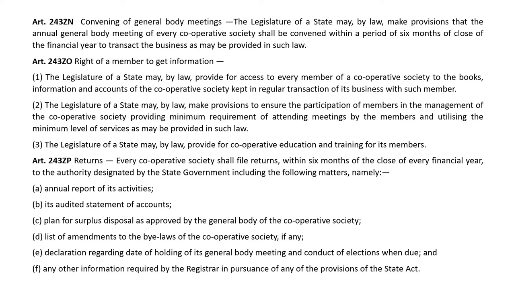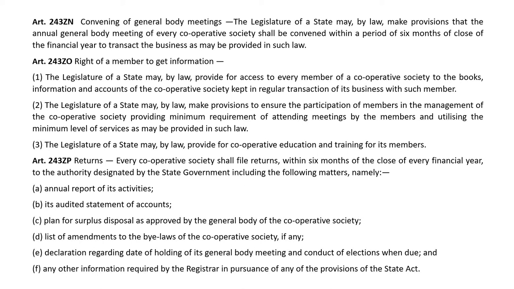Article 243 ZO. Right of a member to get information. The legislature of a state may by law provide for access to every member of a cooperative society to the books, information and accounts of the cooperative society kept in regular transaction of its business with such member.